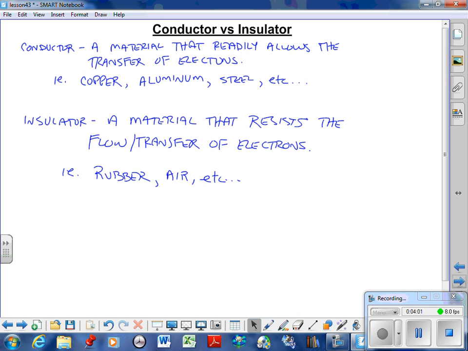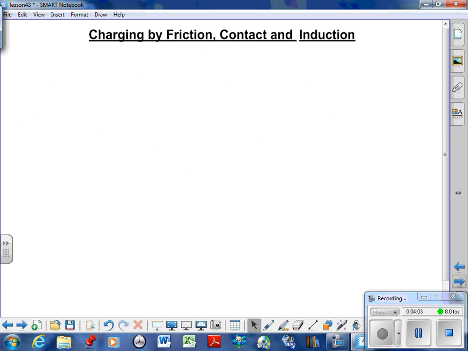So as we're going through, we're going to talk about the two different materials. So, charging by friction, contact, and induction. I'm going to keep this fairly simple. You should have seen some of this in your earlier science courses, and if not, this will give you a feel for how static friction works.